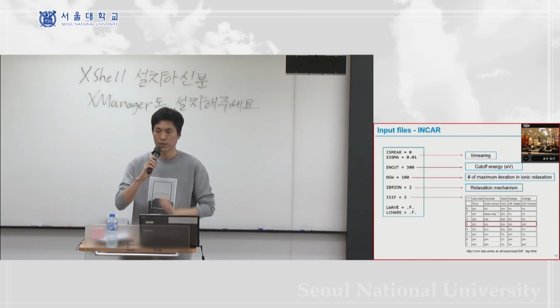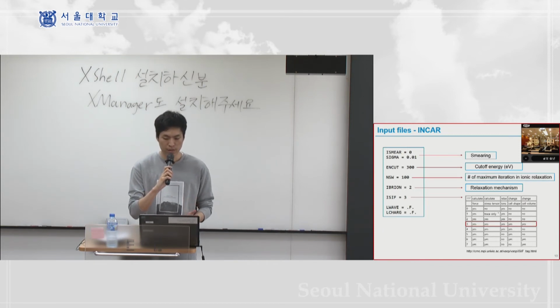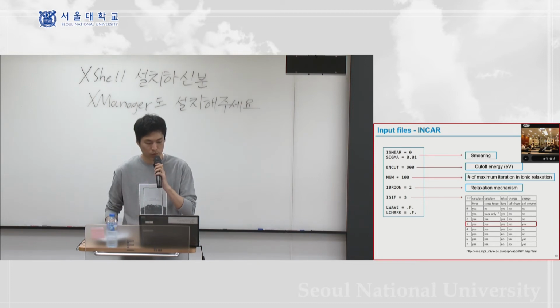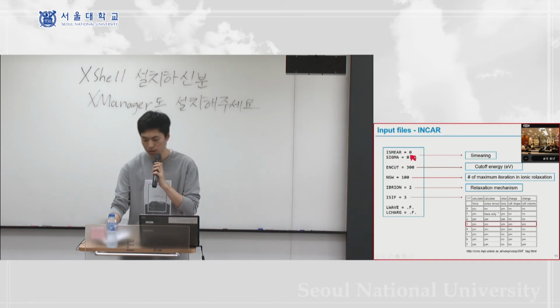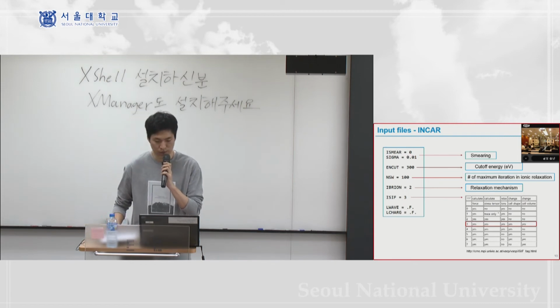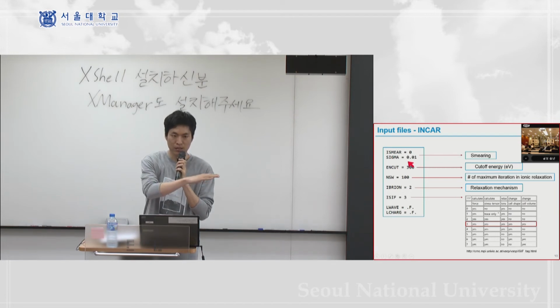The last file we need is INCAR. The INCAR file specifies calculation details. For example, ISMEAR indicates the smearing method, such as Gaussian or Fermi smearing. SIGMA indicates the sigma in the Gaussian smearing.